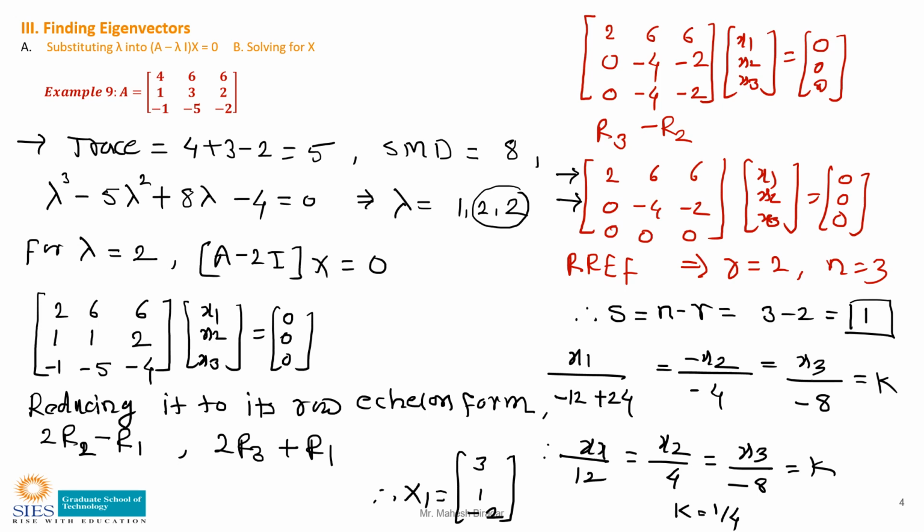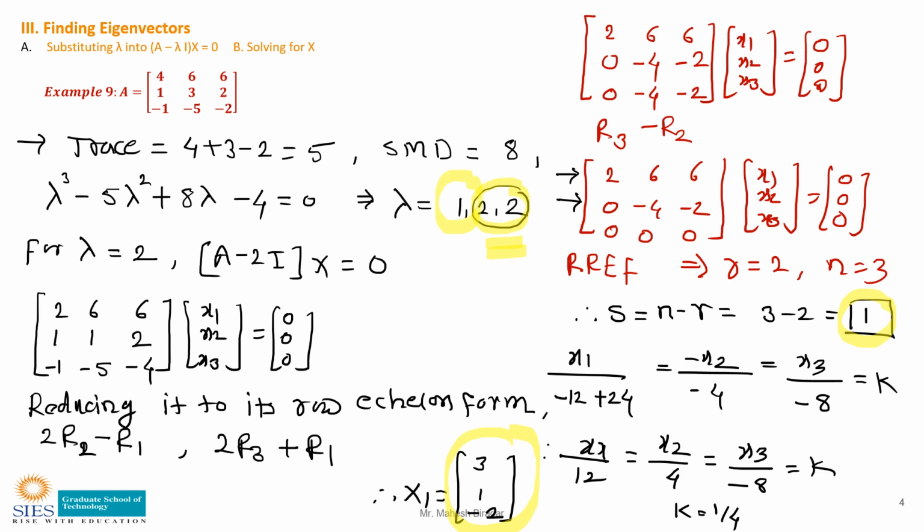So in this way, all of you note down, here lambda is equal to 2 is repeated 2 times, but we got only one linearly independent eigenvector. Even though lambda is repeated 2 times, we got only one independent eigenvector. Now for lambda equal to 1, there is no problem at all.